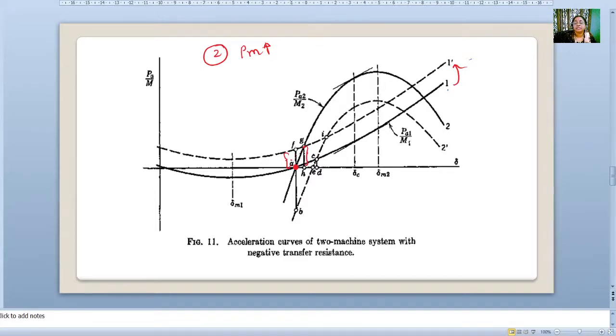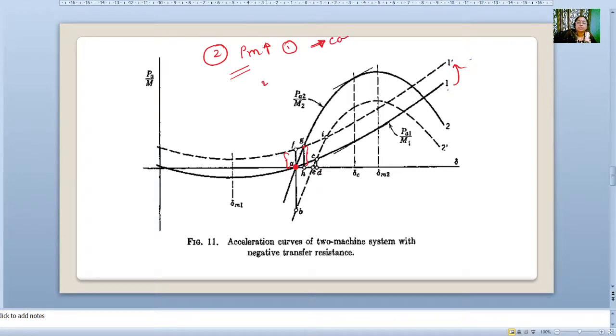Because of this, as we have changed input, mechanical input of machine 1 is already increased. Hence after it will not change, it remains constant.